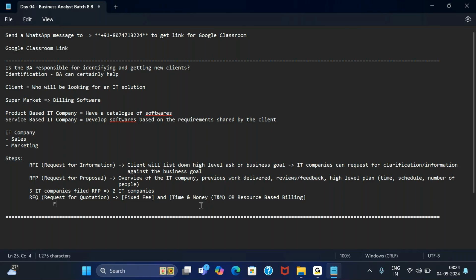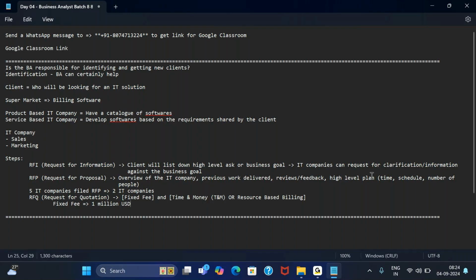So in fixed fee, what happens is the IT company will tell the client that you want a billing software to manage your inventory, you want a billing software to do billings for the customer, both. So I will charge you 1 million US dollar and I'll give you the work.